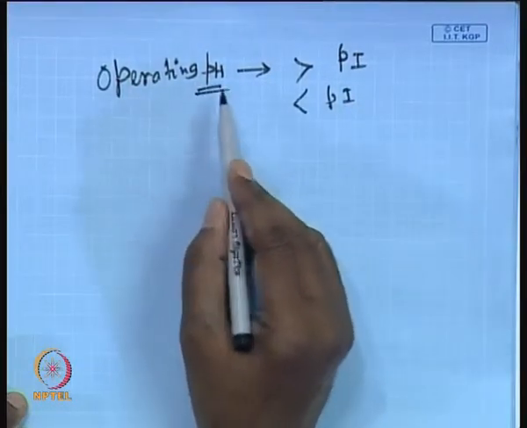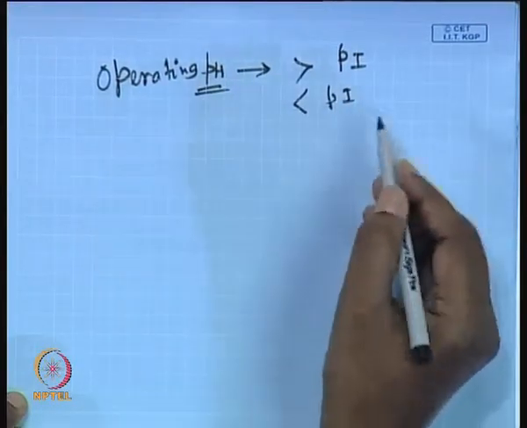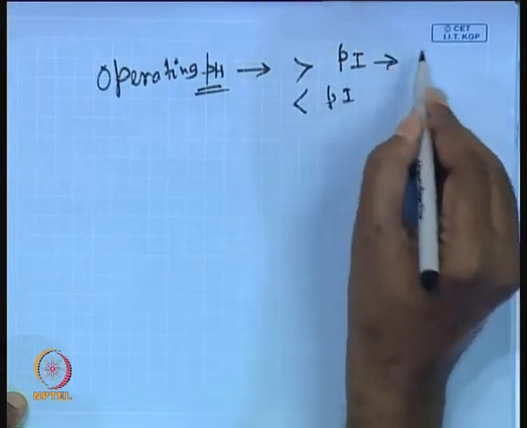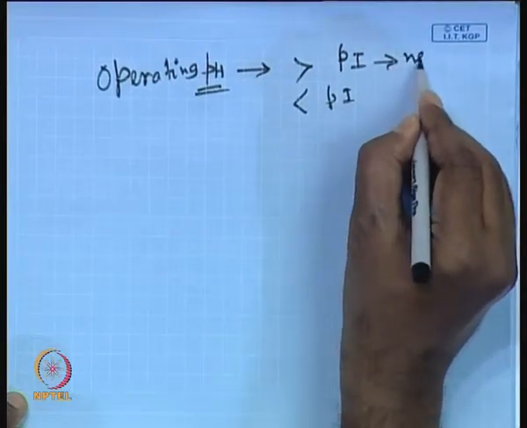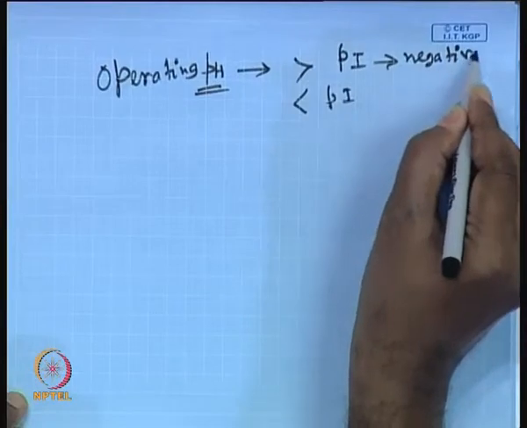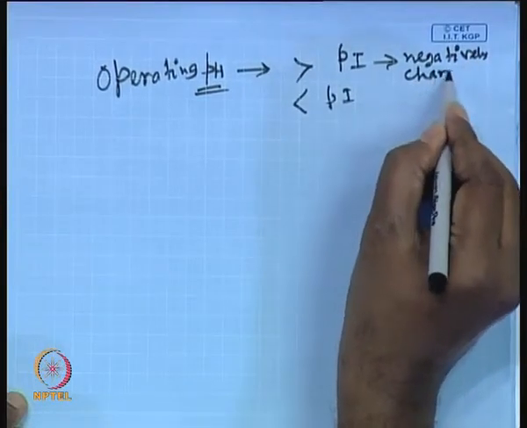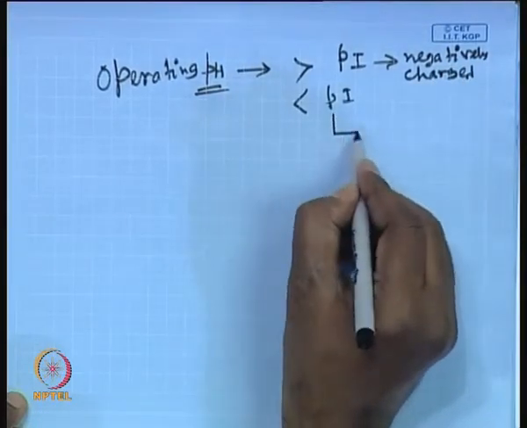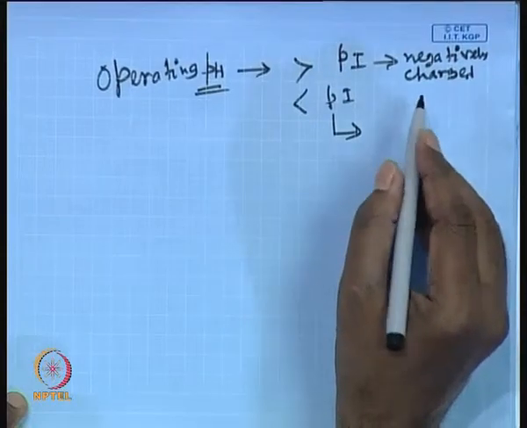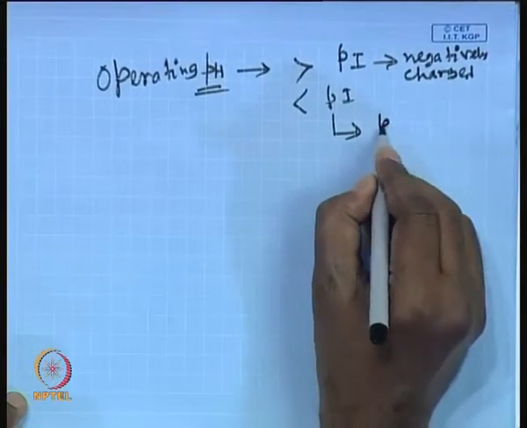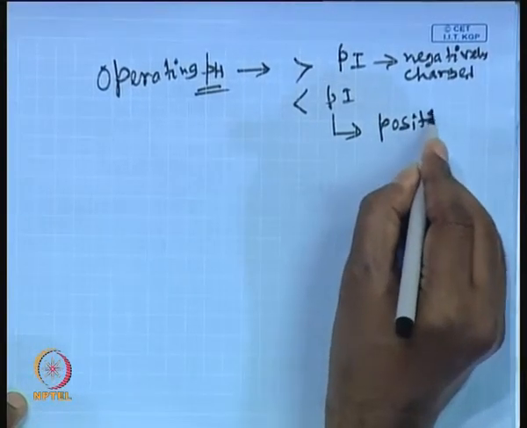If the operating pH is above the isoelectric point, the molecule is negatively charged. On the other hand, if the operating pH is less than the isoelectric point, the molecule is positively charged.